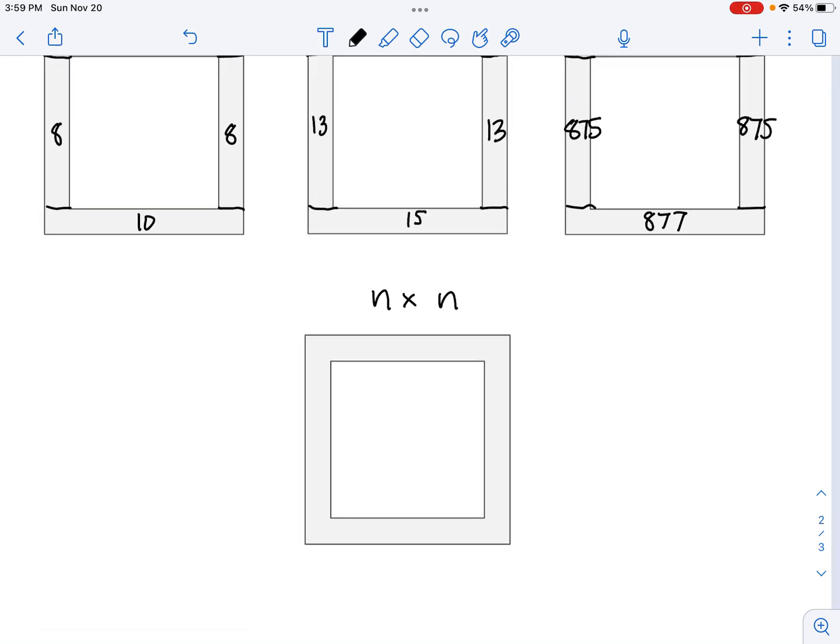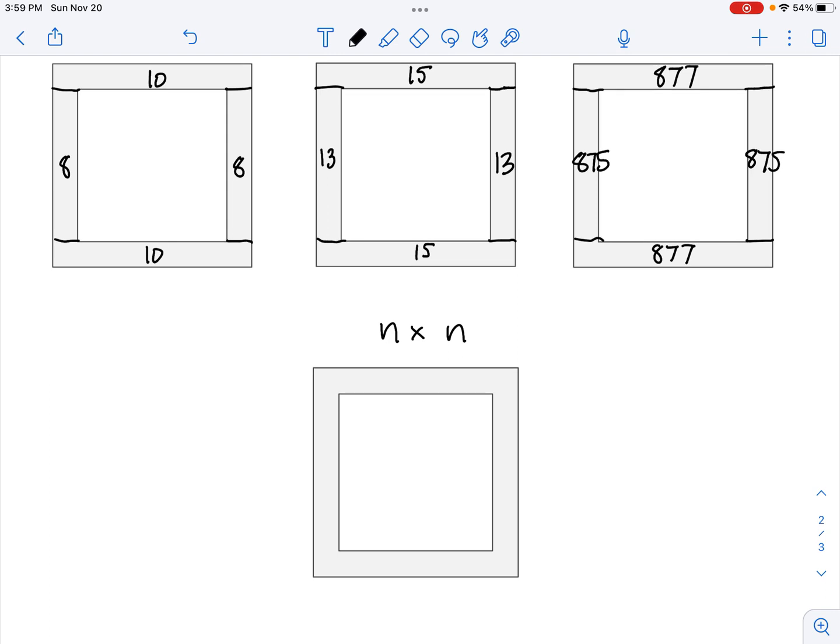Now that you get that general pattern, we are going to not use numbers anymore. We want to use n, because by using n, we can make a general rule for any size grid. If you let n equal 10, then it's like this situation. If you say n is 15, it would be the second situation.